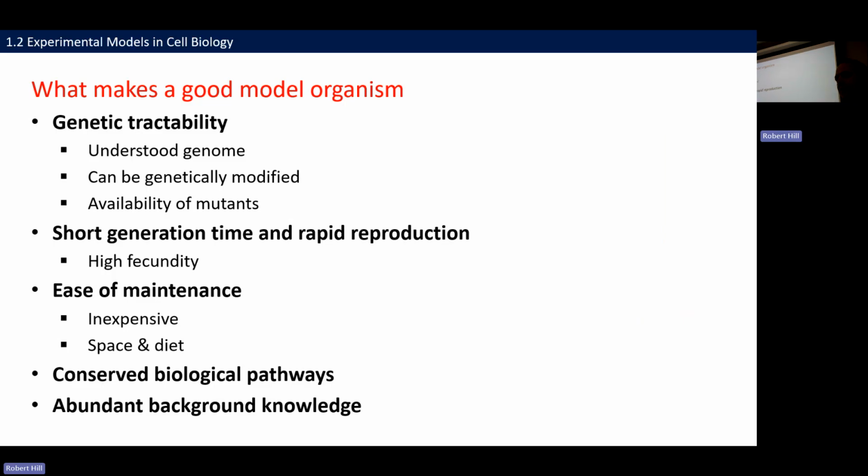A horse would not make a very good model organism. You're going to need a big barn and a lot of food, and it's got a very slow reproductive time, and you're only going to get maybe at most two twin horses. You want an organism that has a short generation time and has high fecundity. Fecundity means it produces a lot of offspring.